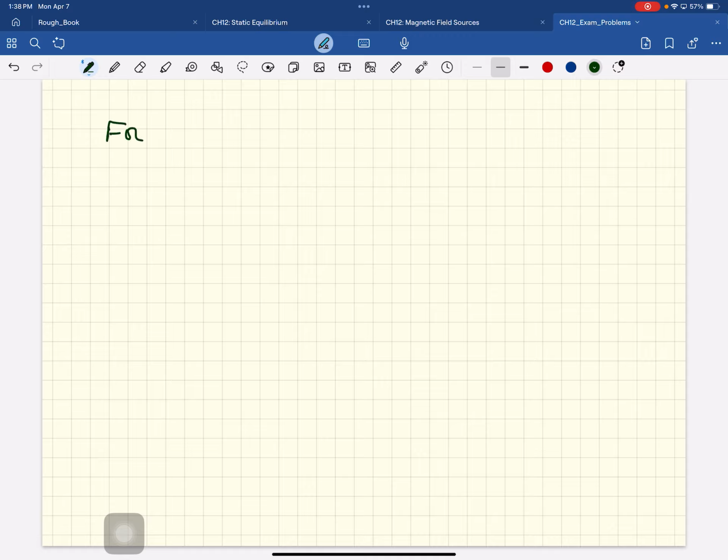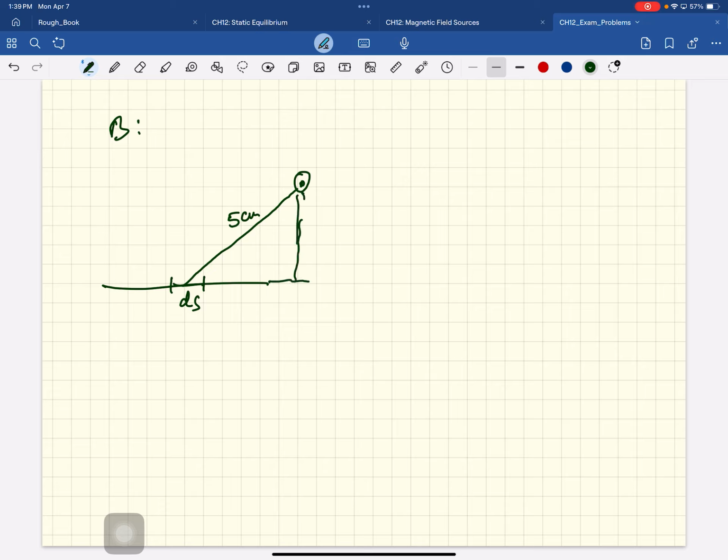For B, there is ds, and there is B. The field is coming out of the paper. This is 5 centimeters. This is 3 centimeters. There's theta. dB, the infinitesimal field, is mu naught over 4 pi, I ds sine theta divided by r squared.